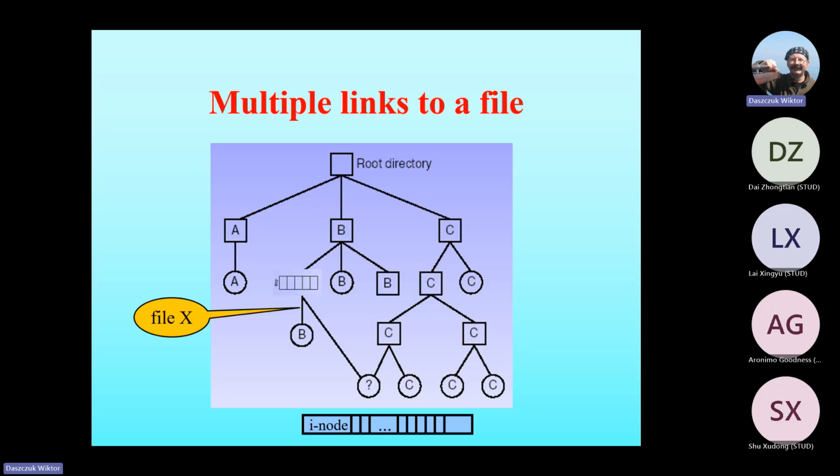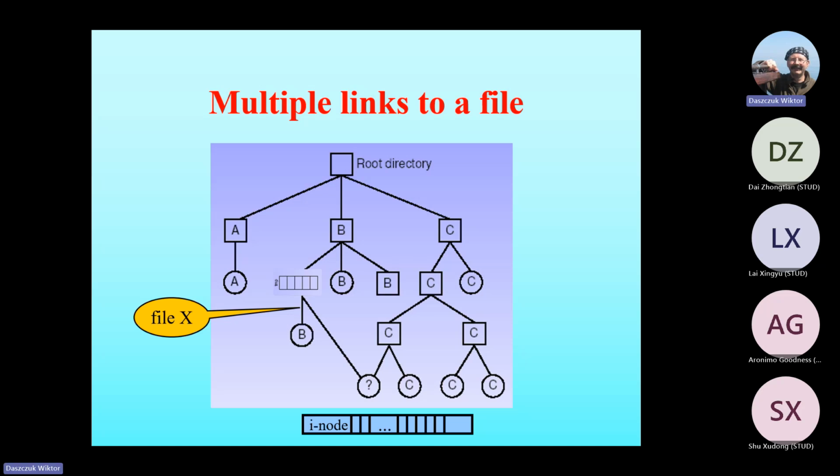We have the directory here that has information about this file. That means that it has a name and this inode number, and name is X. So here in this directory, there is a position X with this inode number.